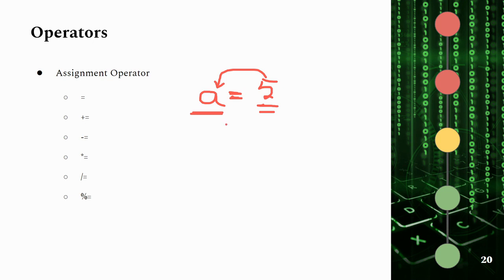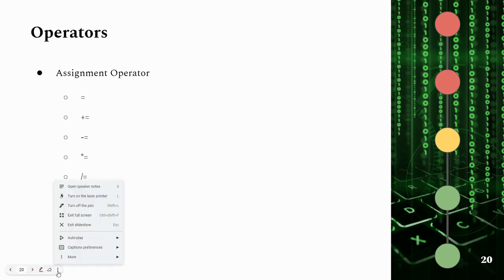In math, the equal sign is used to show that the left hand side and the right hand side are equal. But in programming, the equal sign is used for assigning the value on the right to the one on the left. So this assignment operator is taking two operands, one is the 5 and the other is the a, and it is saying provide the value of 5 to a. So this is the difference between this symbol in math and in programming.